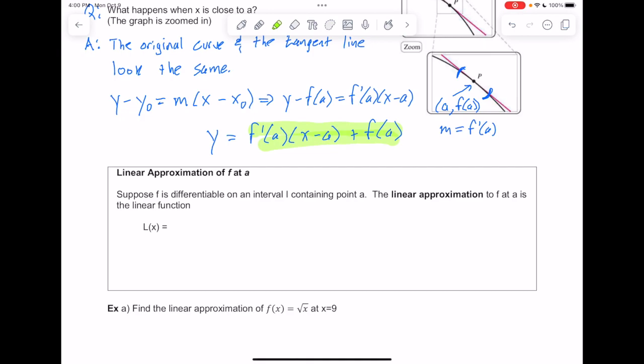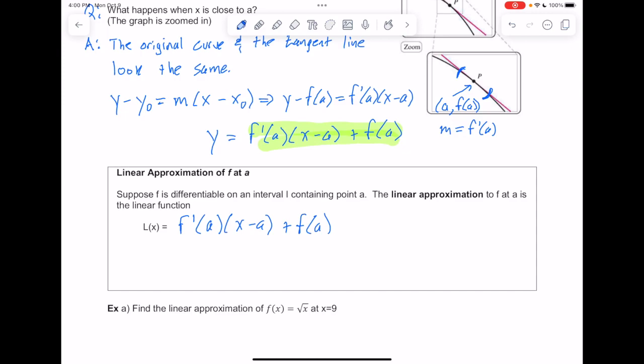So we're replacing y by L of x to write it as a linear function, and we know it's the equation of a line because it's just the tangent line formula. But our linear approximation L of x becomes f prime of a times x minus a plus f of a. And we're going to use this linear approximation to approximate values of the original function near the point of tangency.